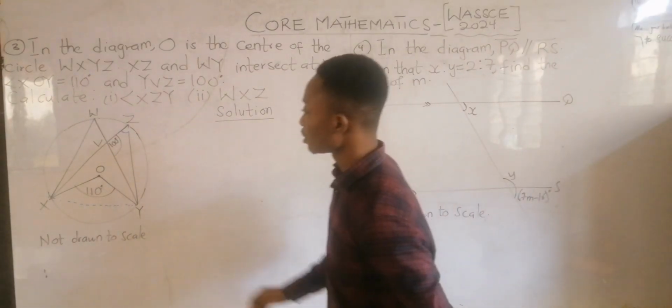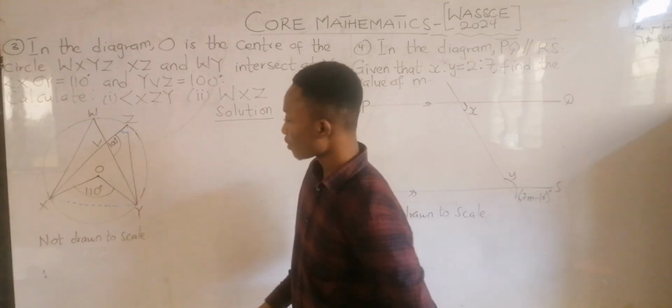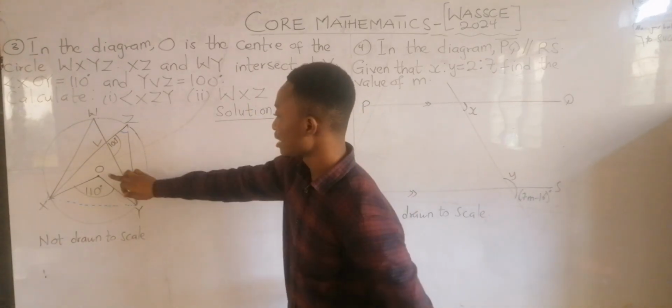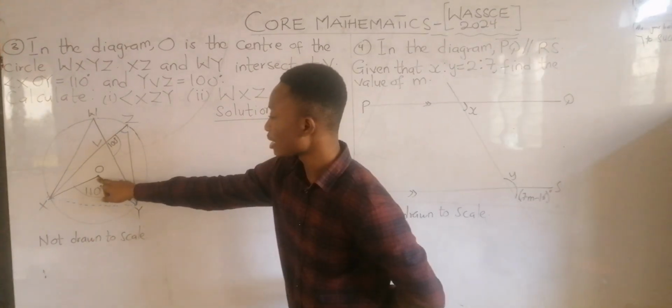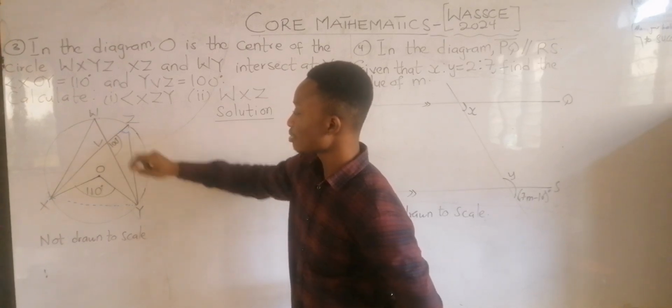Very good. Now, in one of our properties, we learned that the angle created at the center is twice the angle created at the circumference.